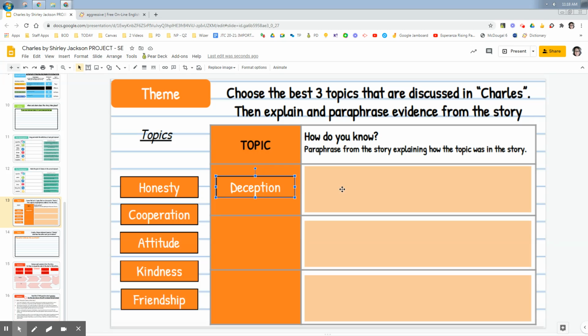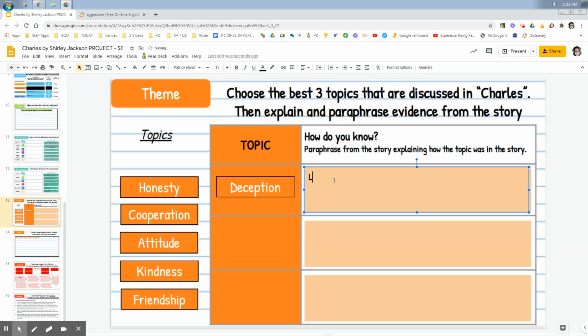For deception, though, in this next orange box, how do I know that the story is about deception? The directions are right up here. So you're going to paraphrase from the story explaining how the topic was in the story, how it was explained. So again, we know it's about deception. So I'm going to write in my own words how I know that this story was about deception.